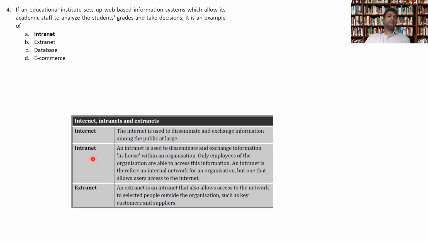All the emails will come from other parts of the world, and this intranet will be connected to the internet. Extranet, this allows access to the intranet from the outside. So internal network and external part of the network. Right. So here the answer is intranet, and it cannot be extranet, database or e-commerce.